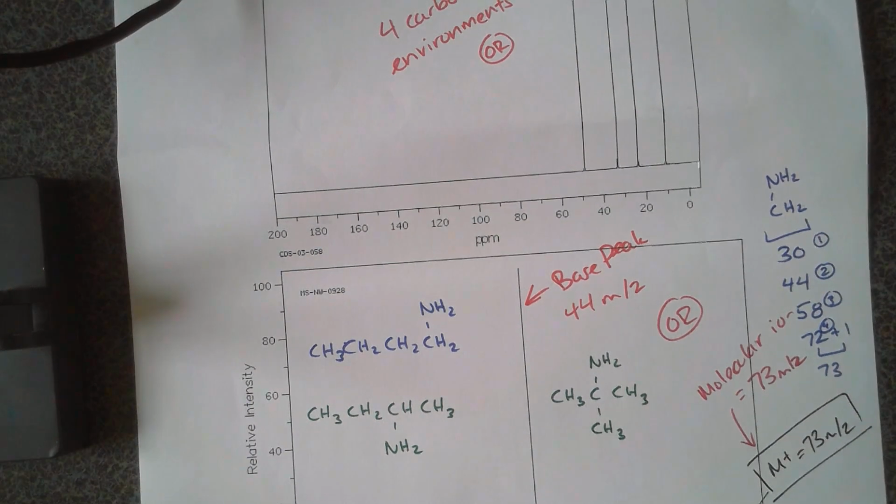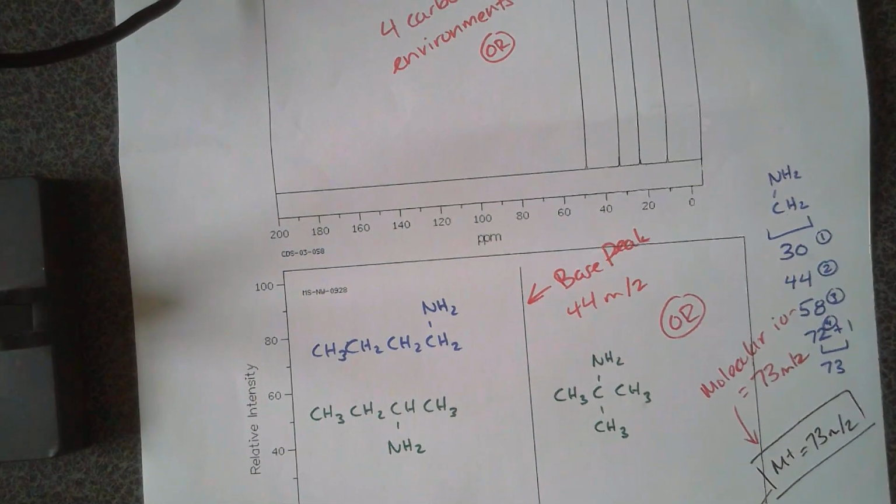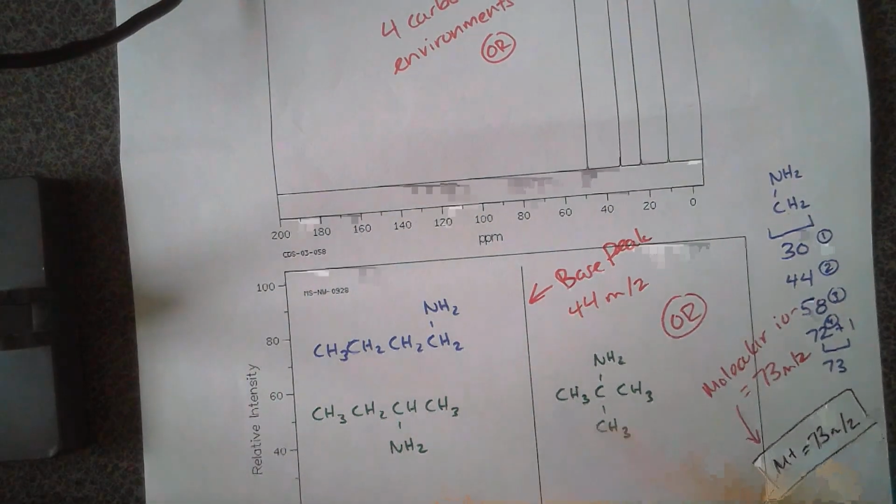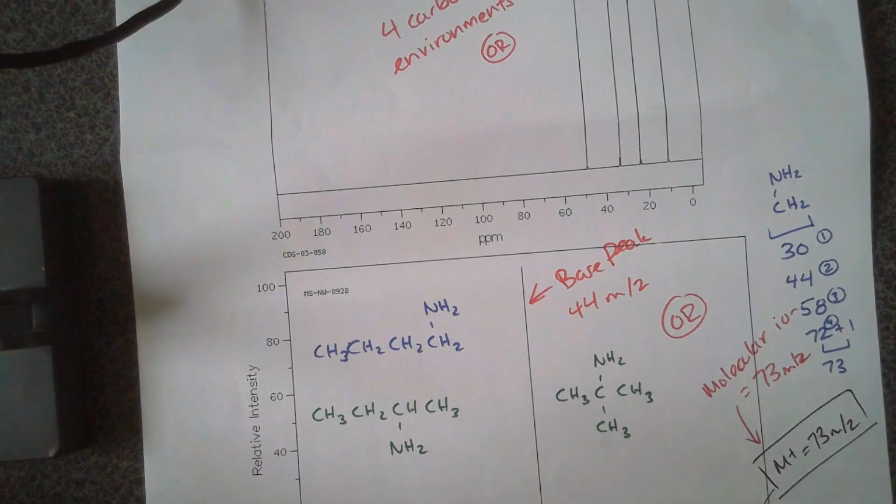That one's only 2 carbon environments, so I know that one's out. Do you see, guys, how to show your working? They're not so far apart, so that suggests to me it's this one. And then we're going to look at the fragments, because the fragments will tell me for sure.